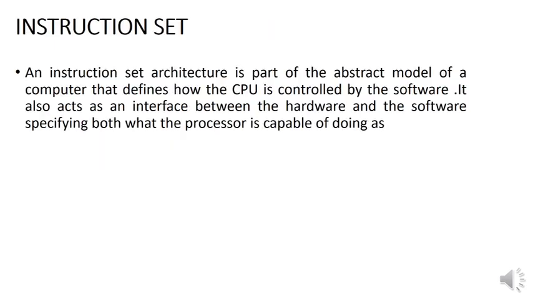So, instruction sets. An instruction set architecture is part of the abstract model of a computer that defines how the CPU is controlled by the software. It also acts as an interface between the hardware and the software, specifying both what the processor is capable of doing at a particular time.